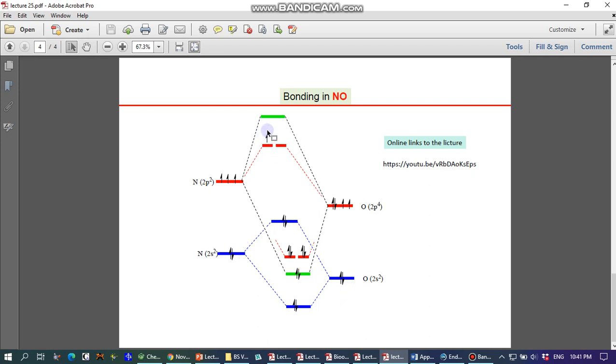Going further toward that unpaired electron, where this unpaired electron is polarized or where it is located. Again, look at the similarity of the orbitals. If they are closer to nitrogen, it means the electron is polarized on nitrogen, and if they are closer to oxygen, then we can say that this electron will be polarized on oxygen.